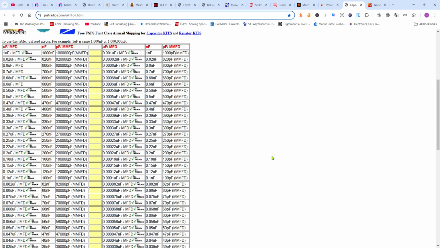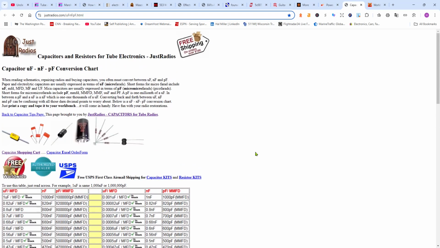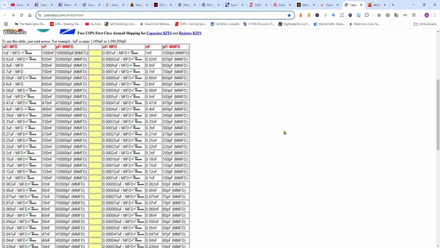I usually want this translated into microfarads. It's a great thing to have. This is done by a company called Just Radios, and they also have a fantastic selection of capacitors for sale, capacitor and resistor kits both. But it's a handy thing to keep bookmarked.